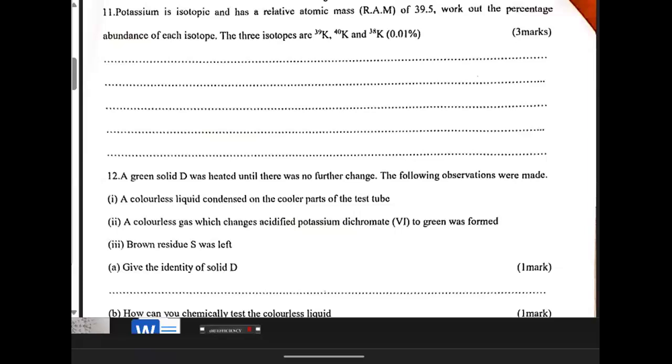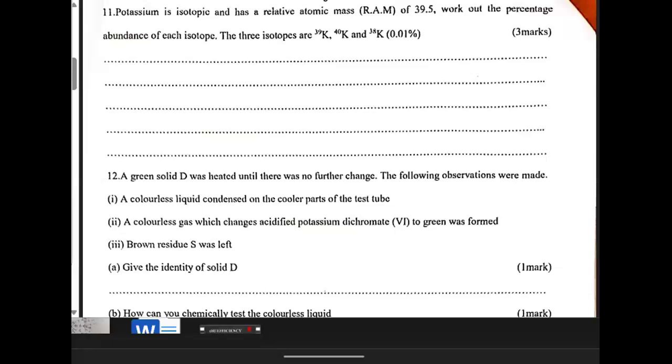So from Roman number 2, we can already tell that what was heated would definitely be a sulfite. Because when a sulfite is decomposed, it will give SO2, or rather sulfur 4 oxide.